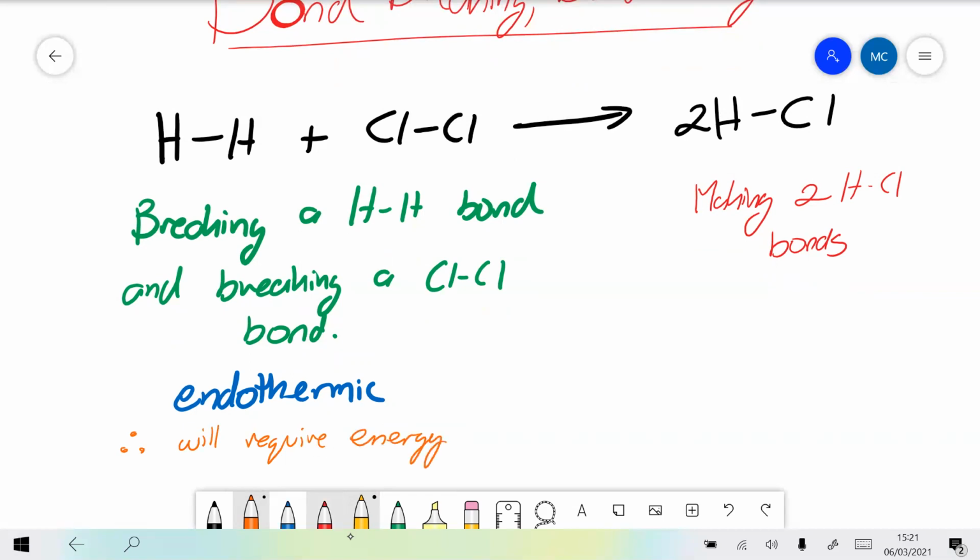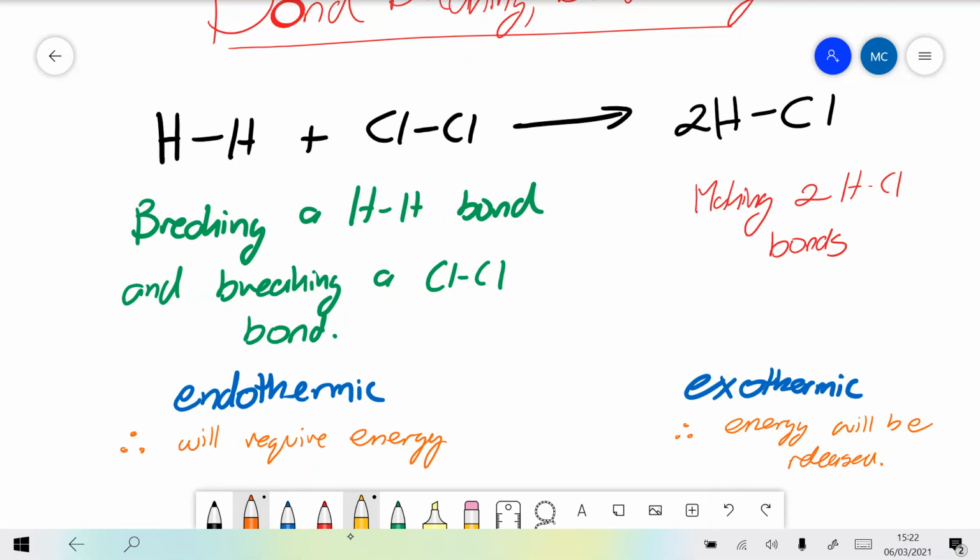On the other hand, anytime we make a bond, it will be an exothermic process, which means that energy will be released. So we can say that bond breaking is endothermic, whereas on the other hand, bond making is exothermic.